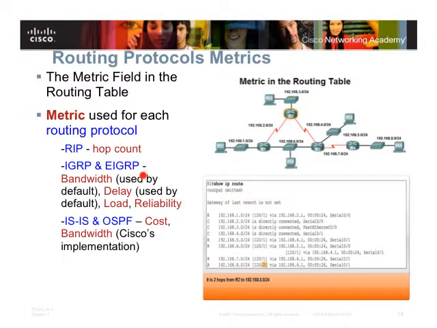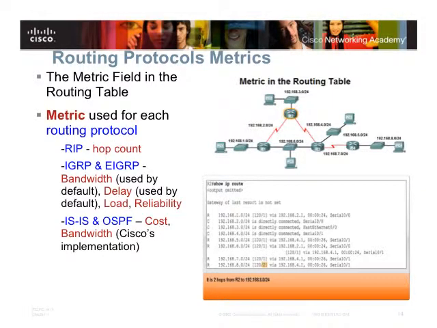IGRP and EIGRP, they both use a combination of different values. The bandwidth and delay are offline values, which means that they depend only on the technology or the type of link, whether this is a fiber optic link or an Ethernet link or whatever. But they do not depend on real-time information.